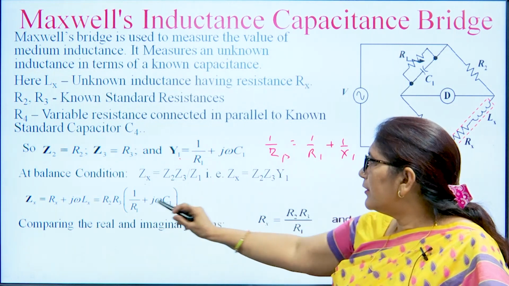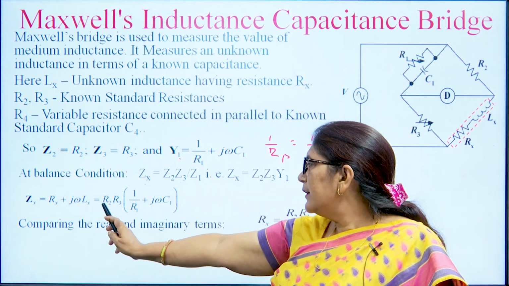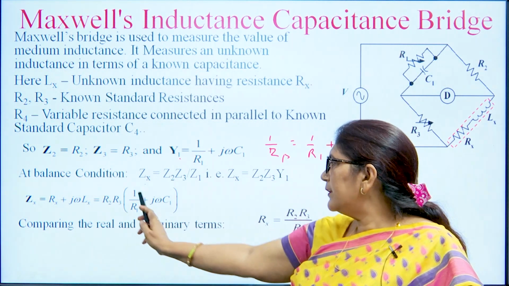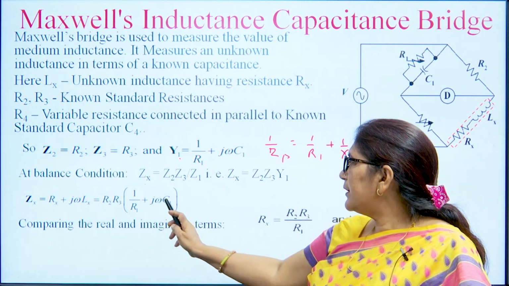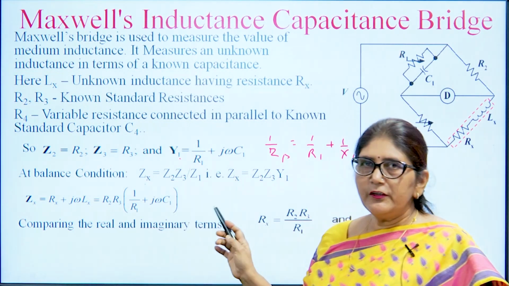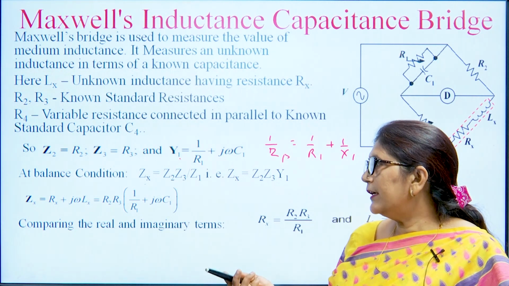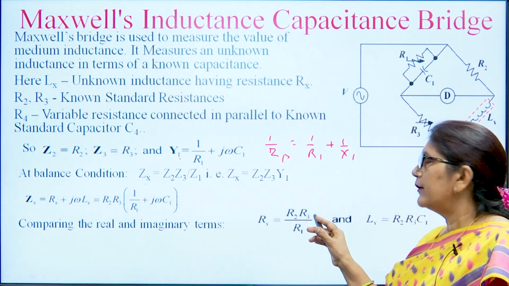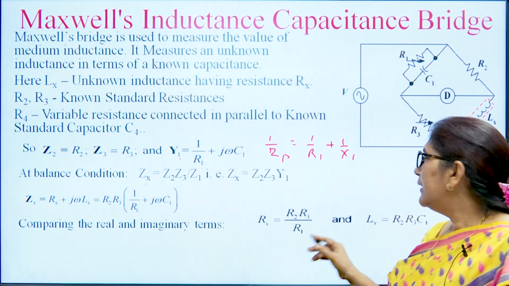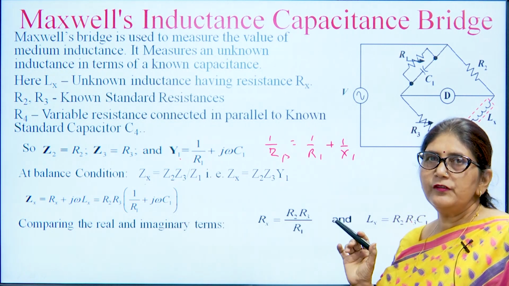So, by substituting all the values, Zx is equal to Rx plus j omega Lx is equal to R2 R3 into (1 by R1 plus j omega C1). Again, by solving this equation and comparing the real and imaginary terms, we get Rx is equal to R2 R3 by R1 and Lx is equal to R2 R3 into C1.